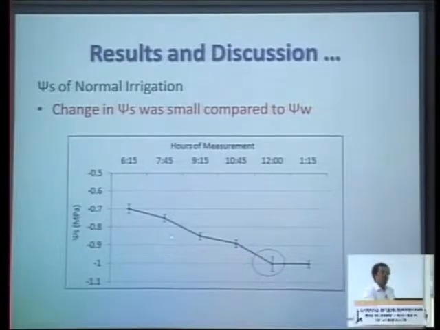When we see the osmotic potential of the leaf, it starts about here, 0.7, and it reaches about 0.1 at midday. The same trend is followed, and after that it stays constant, as the water potential does. And here you can see that the change in osmotic potential was small compared to water potential.